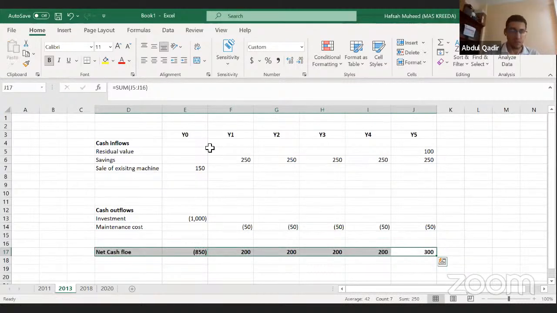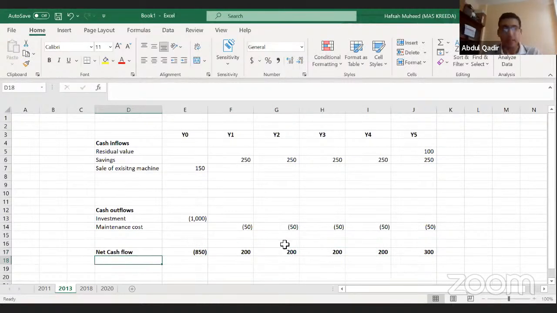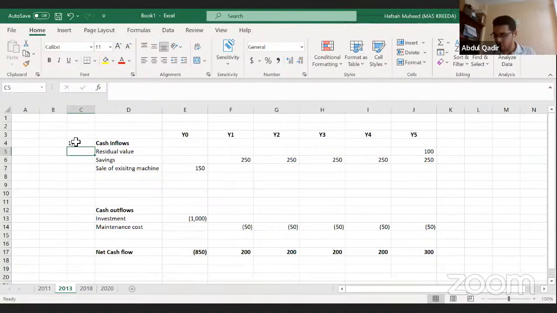So there's net cash flow, right? Yeah, so we have minus 850, then 200,000 each year, and then final year we have 300. Why? Because of the residual value coming in, right? So I hope that's clear, because that is what requirement number 1 has asked in the question, right? If there are any questions, please ask me. Otherwise, I'll move on to part number 2, right?